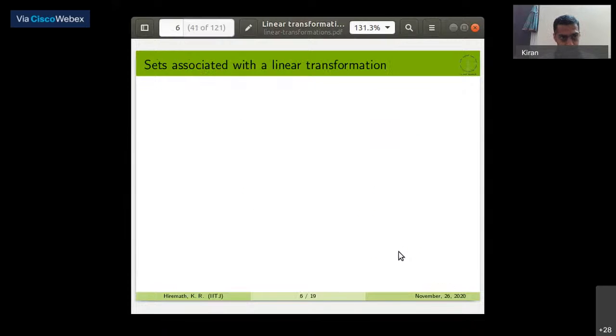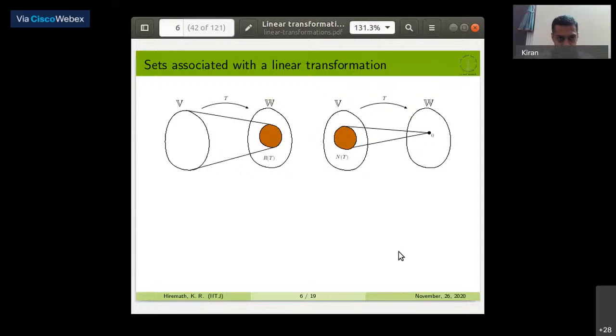Let us come to these other things that you already know. Some of the important sets associated with linear transformations. What are these sets? Range of T and null space of T, right?